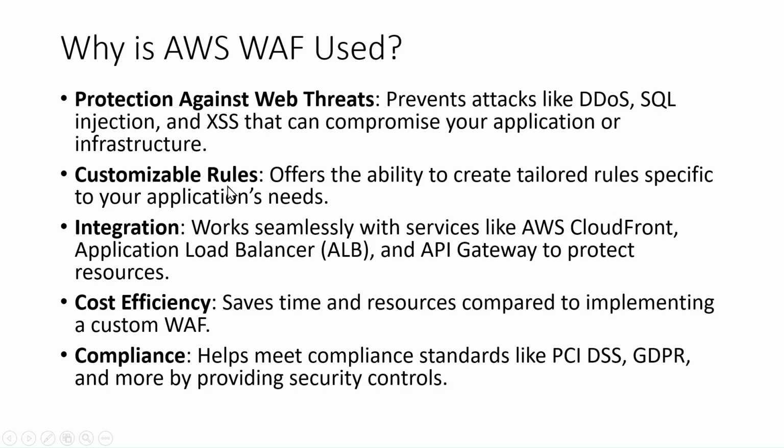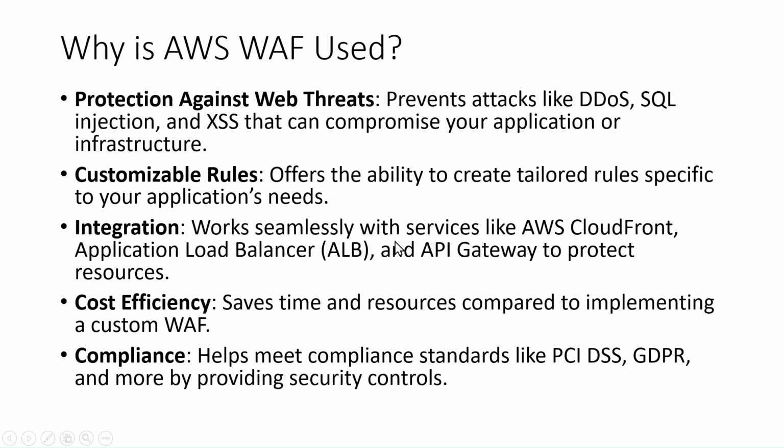Next is customizable rules. It offers the ability to create rules specific to your application's needs, so we can customize the complete traffic, deciding from which network or which IP requests should be received. Next is integration.